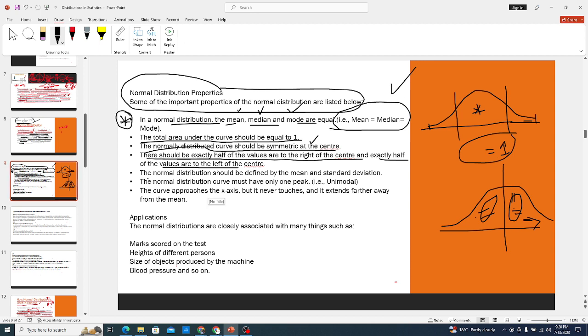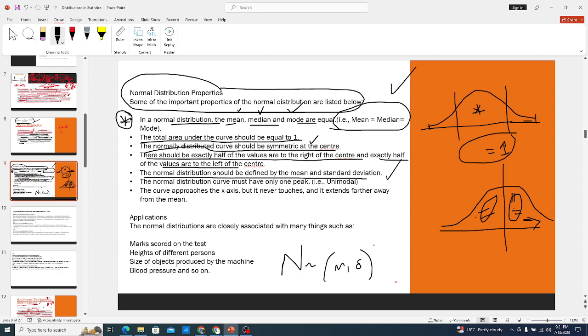The normal distribution should be defined by the mean and standard deviation. Very correct, because when we define a normal distribution, we usually say that a data set is normally distributed with mean mu and standard deviation sigma.